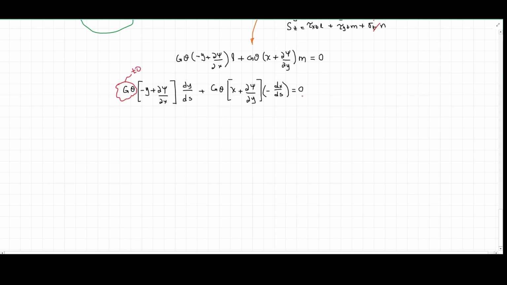Then I can put it on the other side of the equation and get rid of them. But then I could rewrite this in the following form. So just to write it consistently with the terms, I'm going to write the first one like this. Psi divided by x minus y.